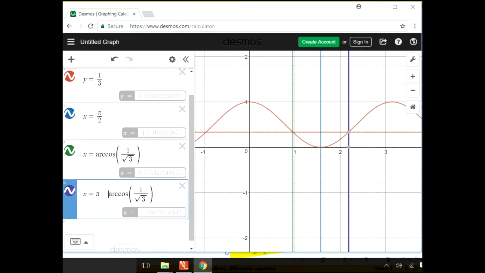Yeah. Okay, so it means that the correct answer is x given by the formula that we have just figured out, where x belongs to the interval between these two numbers, inverse cosine of 1 over square root 3 and pi minus inverse cosine of 1 over square root 3.